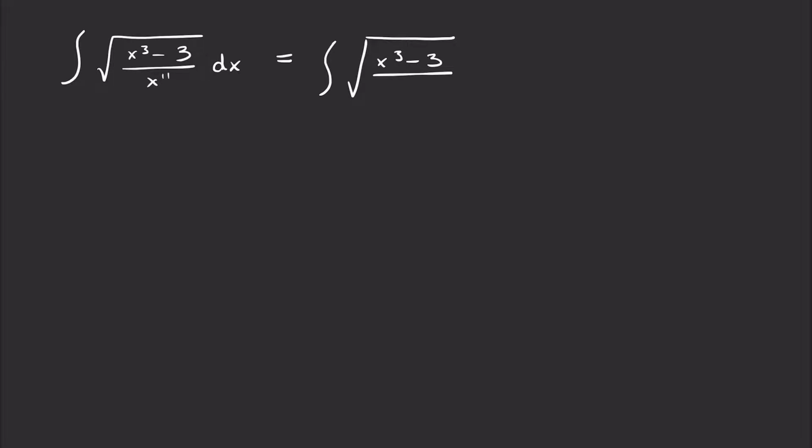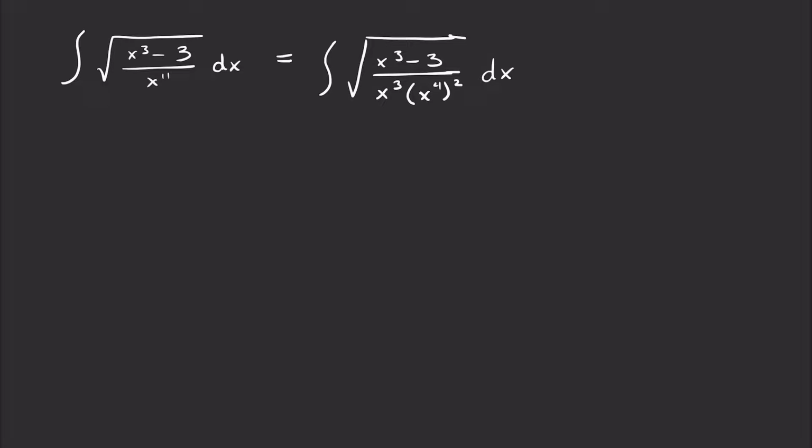So one, we want to pull out an x cubed if we can, and that's going to help simplify everything in the denominator. But what that leaves over is x to the 8th, but we can write x to the 8th as x to the 4th, all raised, or all squared. Okay, so all raised to the 2nd power, and that's going to allow us to bring it out of this square root.